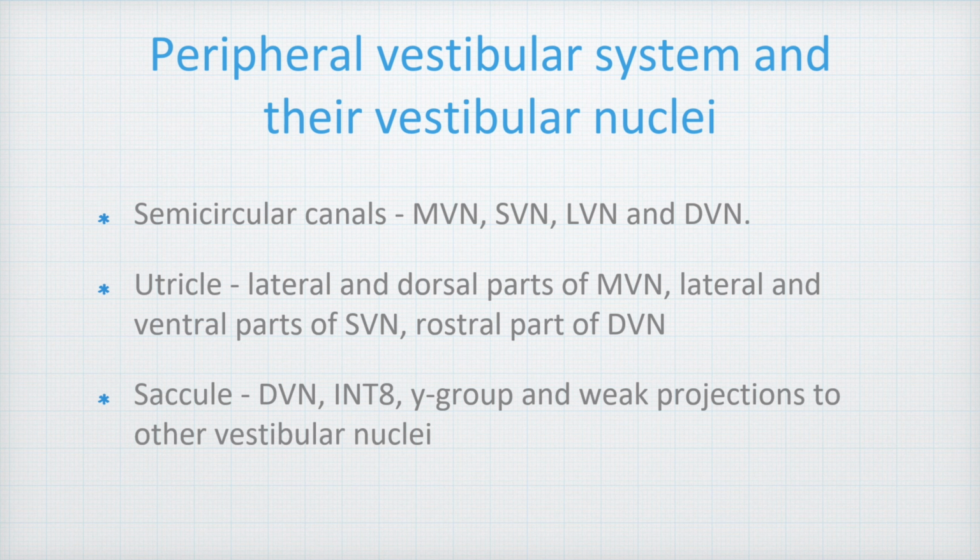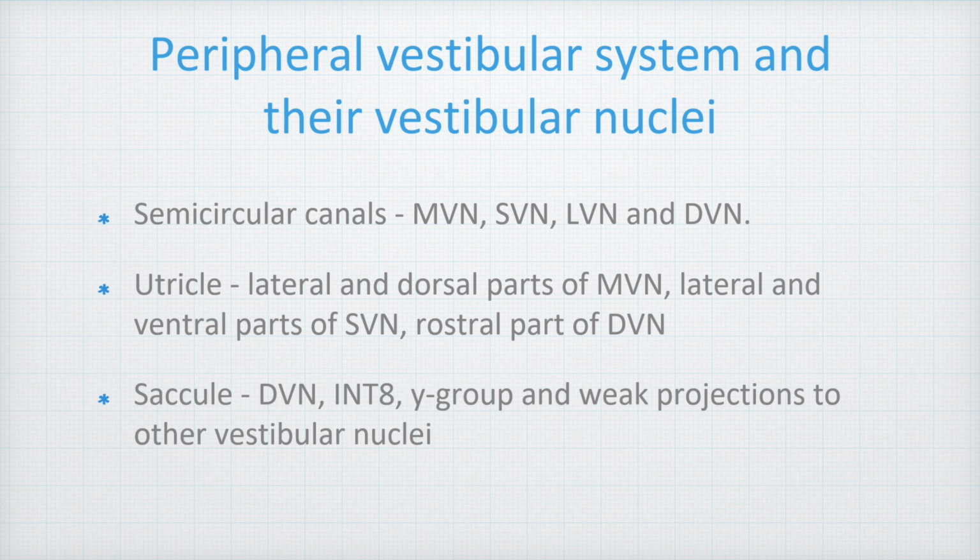Utricle stimulates lateral and dorsal part of medial vestibular nucleus and lateral and ventral part of superior vestibular nucleus. It also stimulates the rostral part of descending vestibular nucleus. Saccule, on the other hand, is stimulating descending vestibular nucleus, E.N.T, Y group, and also sends weak projections to other vestibular nuclei.